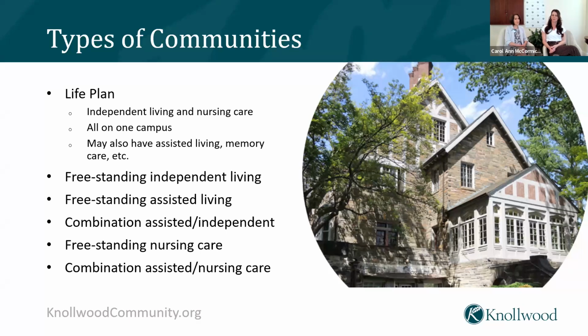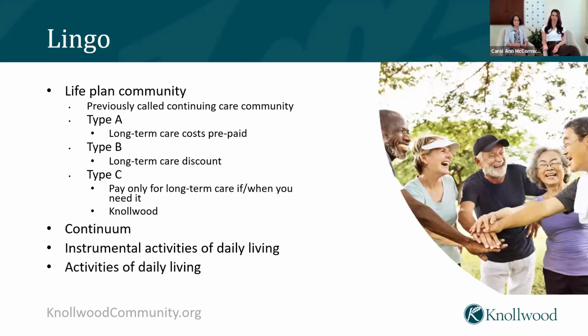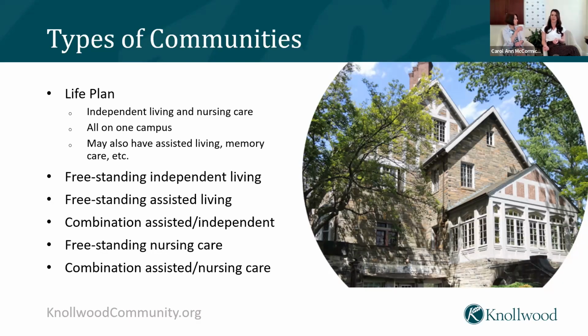Not a relationship or a partnership with some other location that is not theirs, but do they have their own skilled nursing? And it would be licensed, of course, if they did. And the reason why that's important is because every community has different licensing.